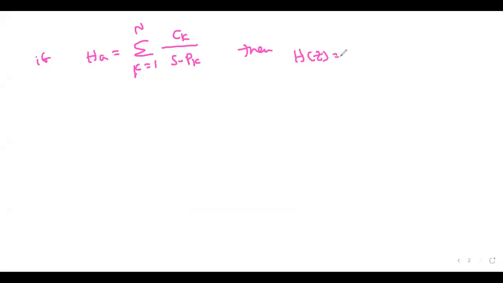So if h_a of s is equal to summation k is equal to 1 to N, c_k by s minus p_k, then h of z is equal to summation k is equal to 1 to N, c_k by 1 minus e power p_k T z power minus 1.